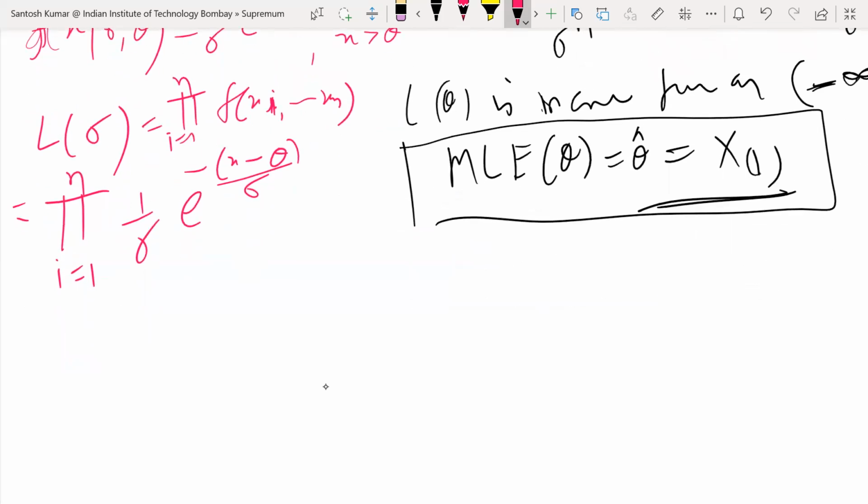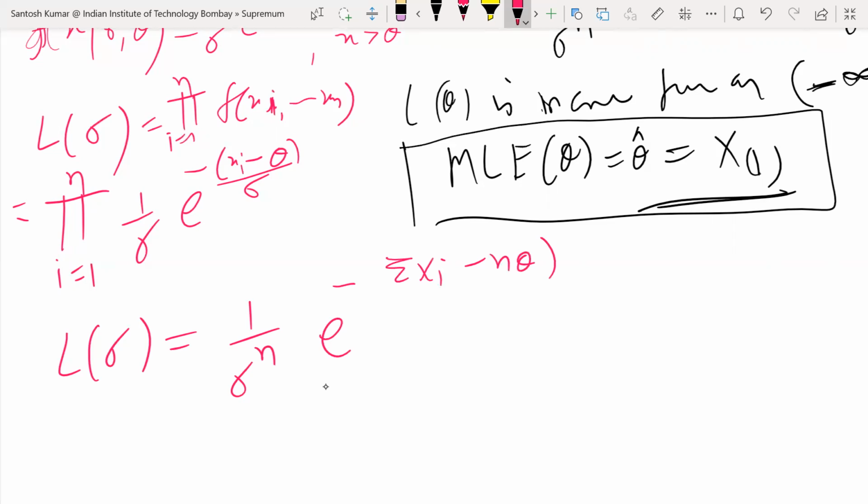So when we open it, we get L of sigma as 1 by sigma to power n, e raised to power minus summation xi minus n theta on sigma.